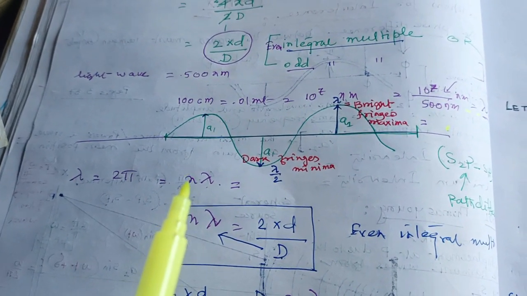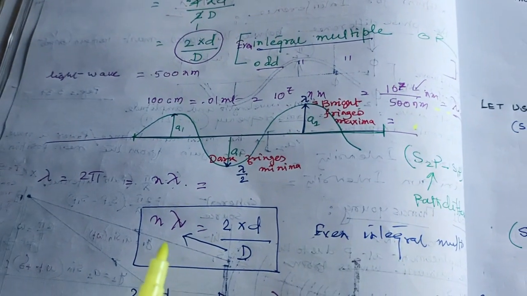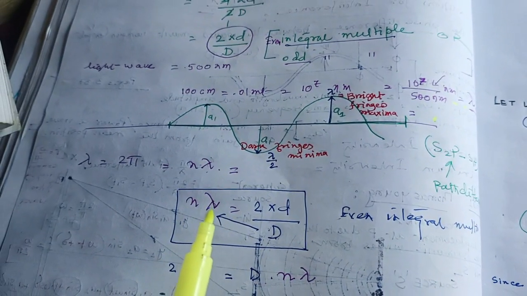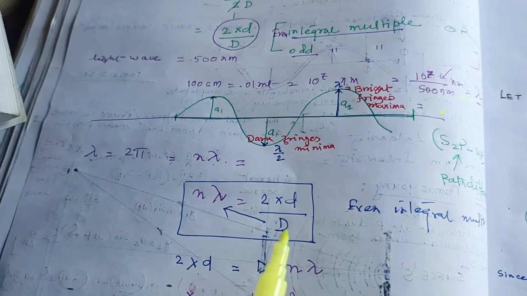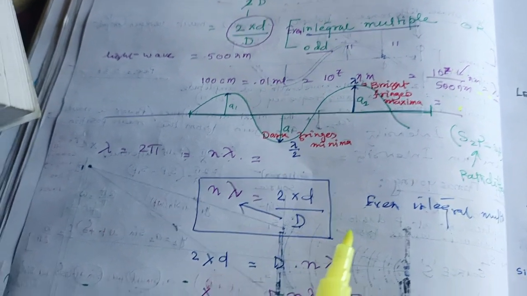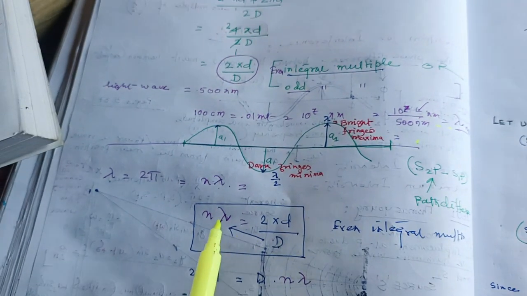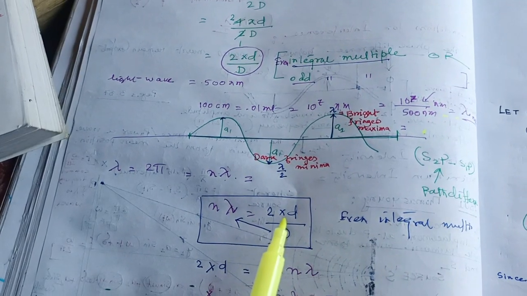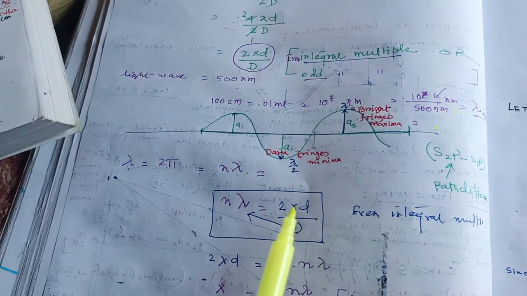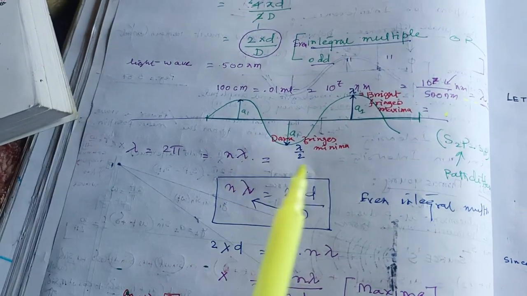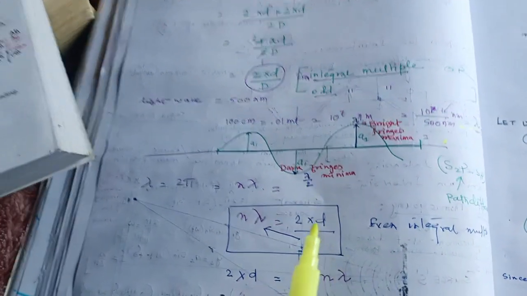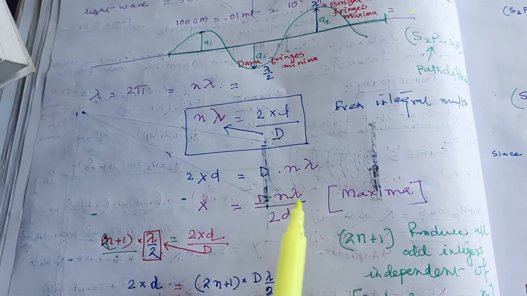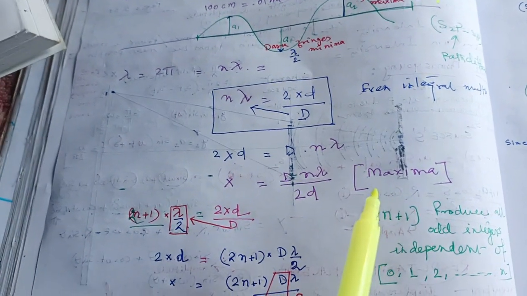That means pi, 2 pi, 3 pi. So we can technically compare n lambda with 2x d over D for even integer multiples, because 0, 2 pi, 4 pi, as we know, lambda is 2 pi, so it will just be a multiple of that. So here you can get the maxima, the first maxima.